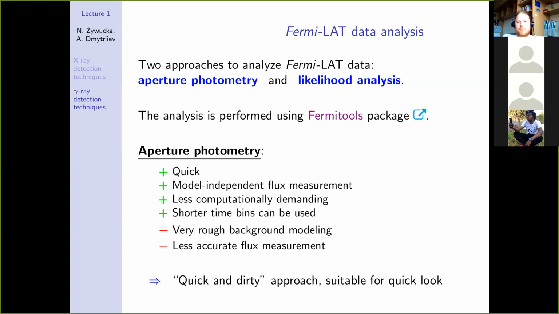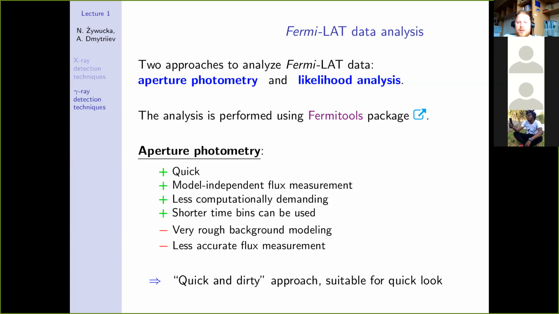For instance, you counted 5 background photons in your circle, but the smaller the number of photons, the higher its Poisson error: square root of 5, about 2.2 or so. So you have very large errors on the background. It's very unreliable, and due to this very important drawback, you have a very inaccurate flux measurement compared to likelihood analysis.